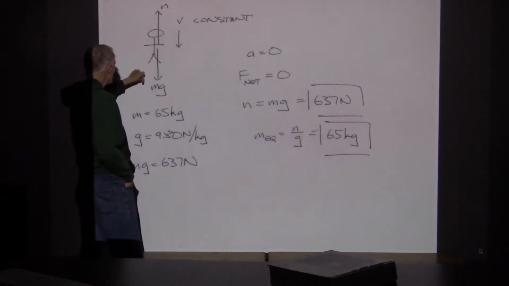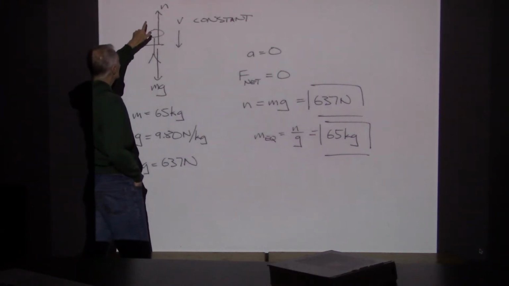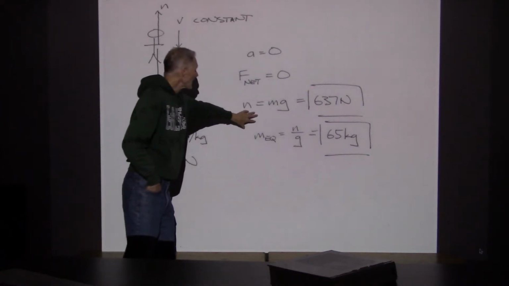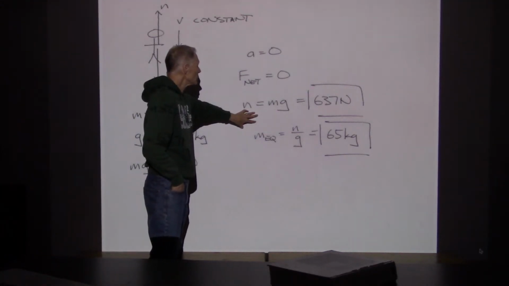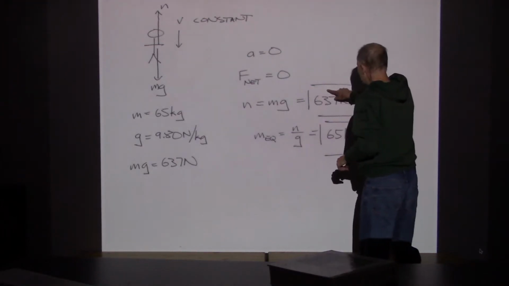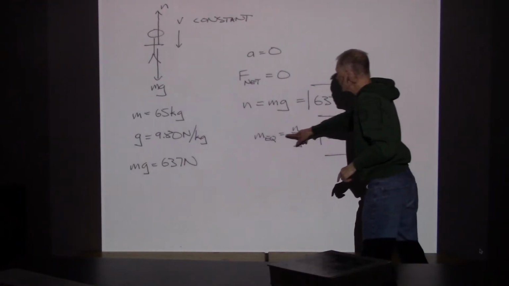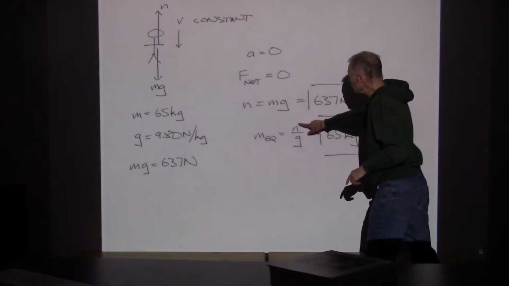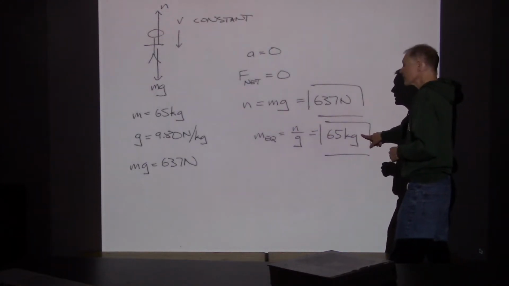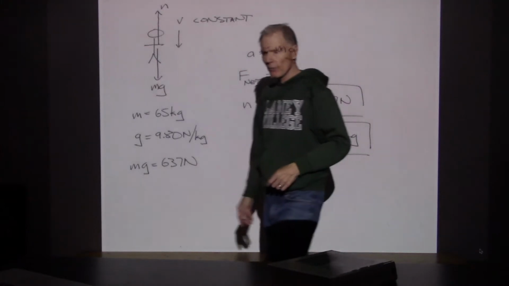So to cruise at a constant speed, the normal force and mg go back to equaling each other. Now the normal force will be equal to mg, 637, and taking the normal force divided by g, the scale goes back to reading 65 kilograms.